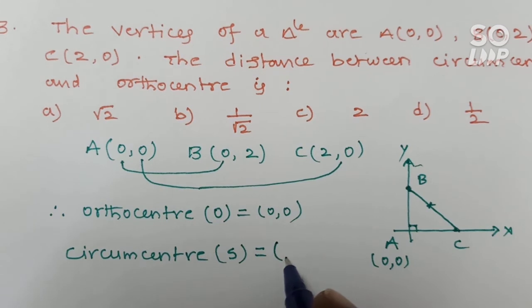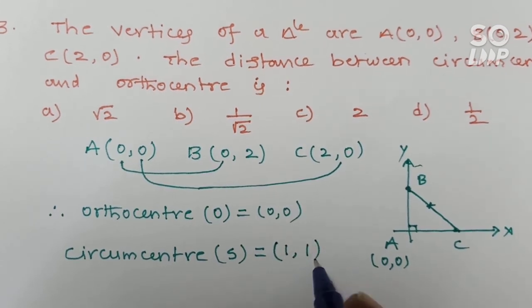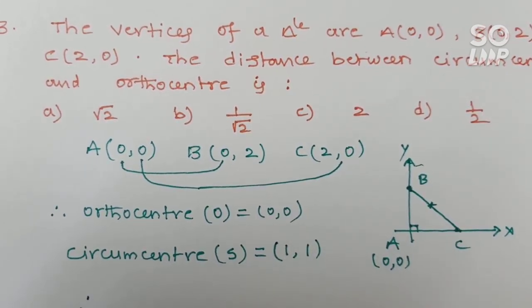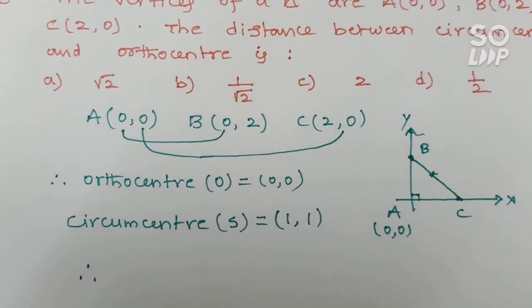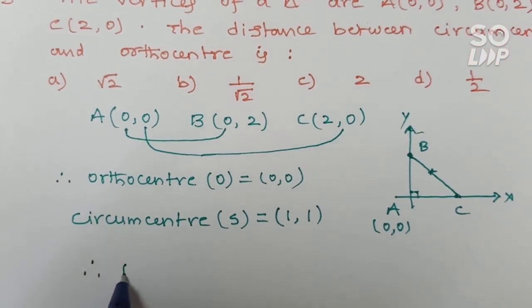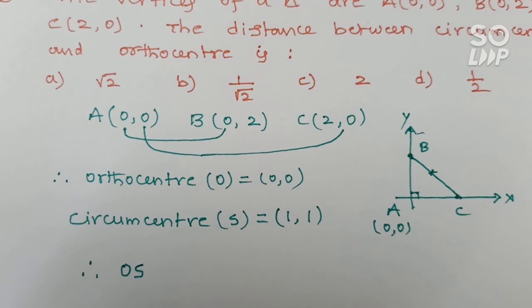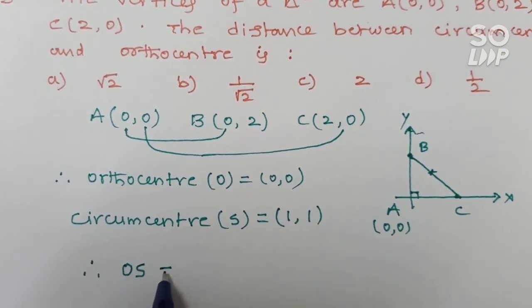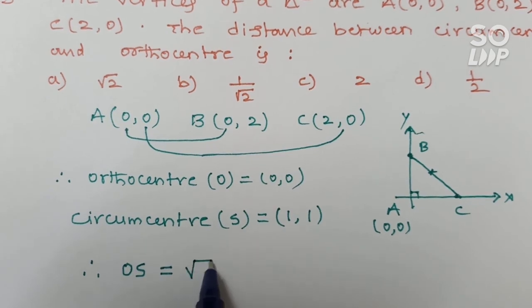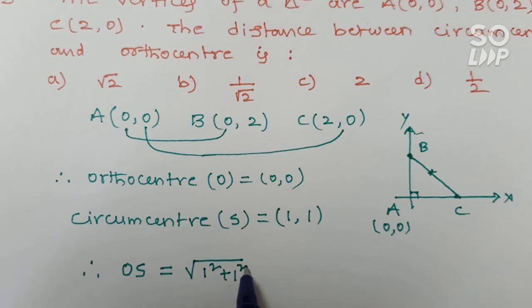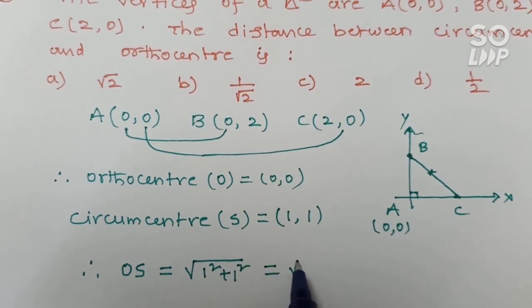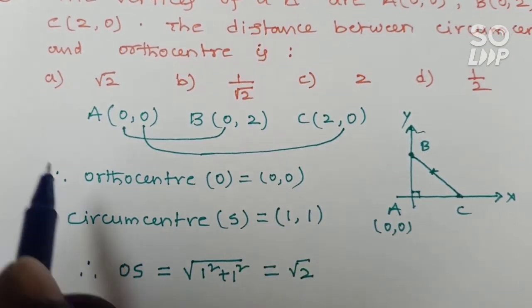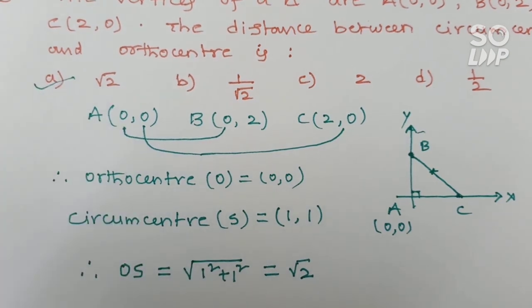So the midpoint will be (1, 1). Therefore the distance between them is denoted by OS. OS, the distance between orthocenter and circumcenter, is equal to the square root of 1 squared plus 1 squared, that is equal to root 2. So your answer is option A, the correct answer.